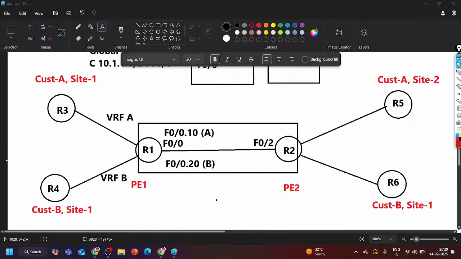It's a subinterface. And sir, I have seen that the customer-facing interface on the PE also has .1Q enabled, and multiple customers are attached to that single interface.